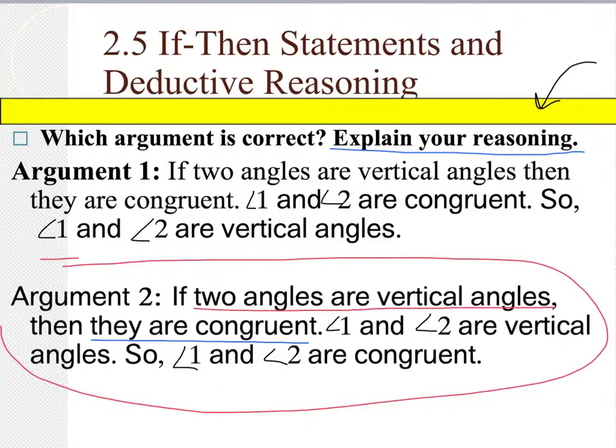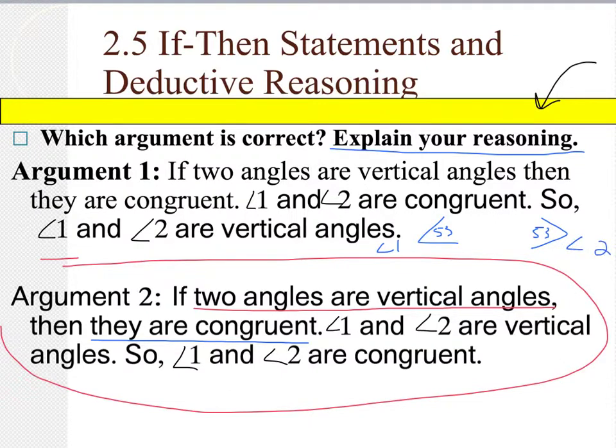Okay, if you look at argument 1, it gives you the conclusion. So angles 1 and 2 are vertical angles. Well, what if I just did this? Here's angle 1, and I said this is 53 degrees, and here's angle 2, and I said that's 53 degrees. Okay, there's two angles, but notice they are not vertical angles.